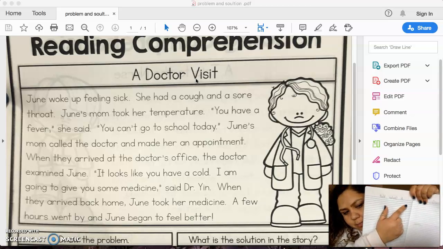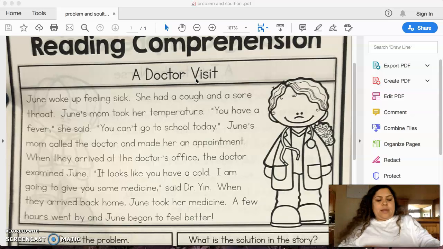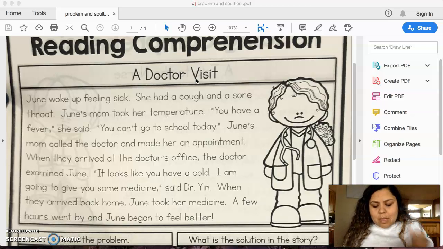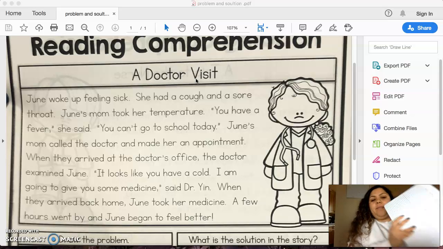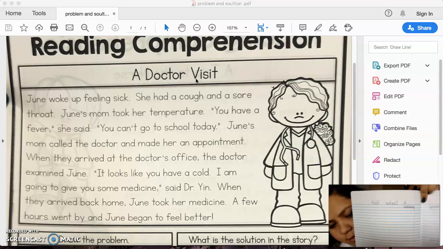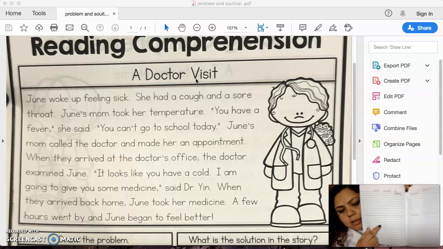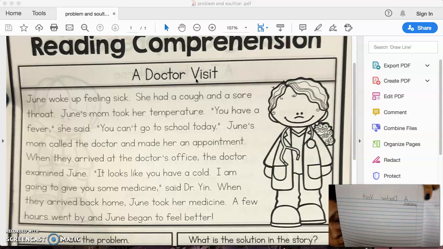Right here, I need you to write, and you can wait to see how I wrote it, problem. P-R-O-B-L-E-M, like that. See how it's in the top?